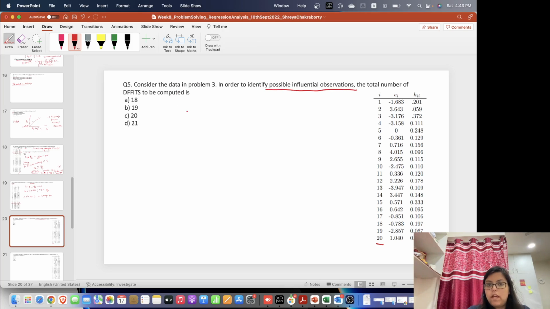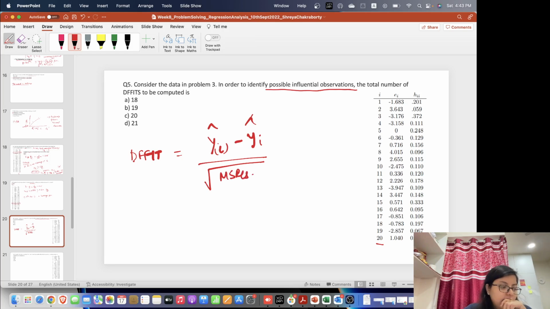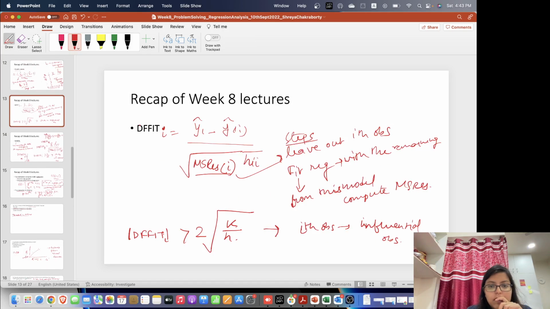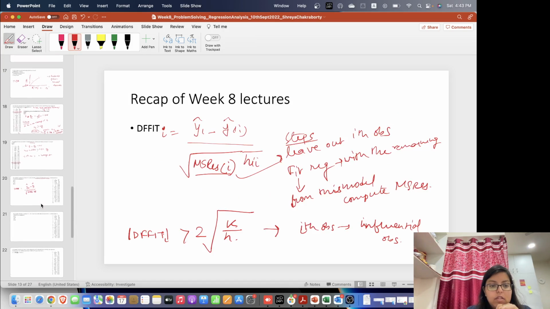So DF fit was the difference between this fit and this one, divided by root over ms residual into hii, if I'm not wrong.